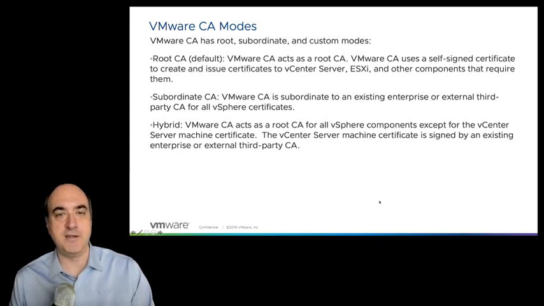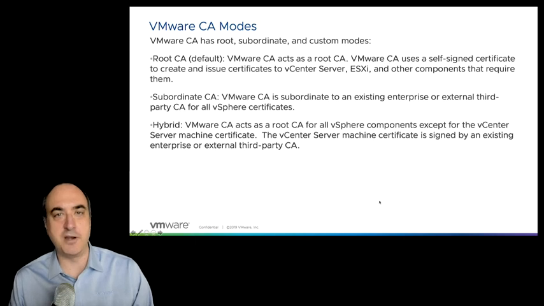However, the vCenter server's machine certificate is instead replaced by a signed certificate from your own corporate certificate authority. What you do here is generate a certificate signing request from the vCenter server, which you then place into your corporate CA, who signs it, and then you import it back into the vCenter system.